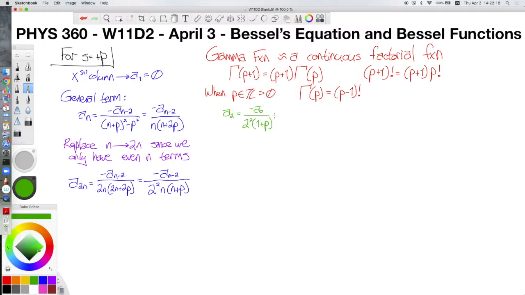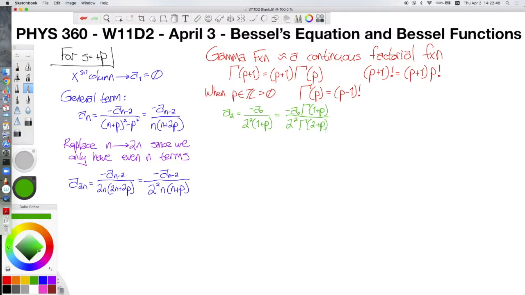This might seem weird, and it is weird, but this will help us later. We can then rewrite as negative a naught times the gamma function of 1 plus p divided by 2 squared times the gamma function of 2 plus p. If you look at how the gamma functions break down into factorials, you should be able to convince yourself that these two expressions are equivalent to each other.